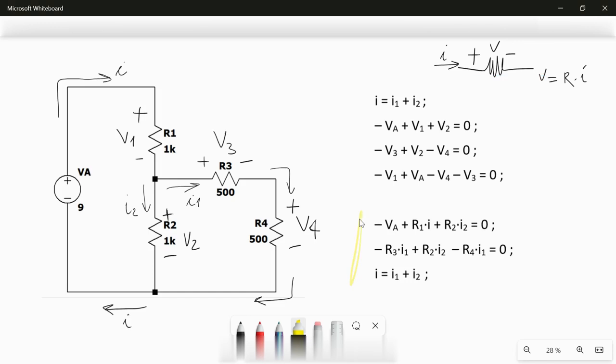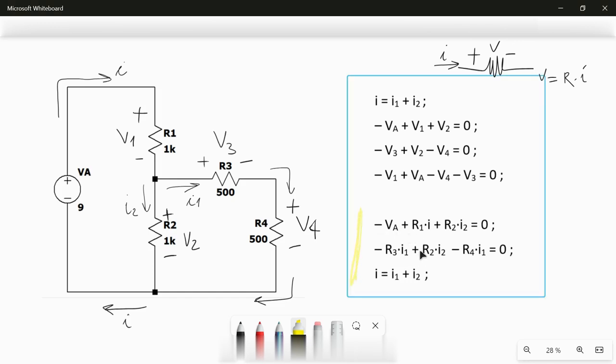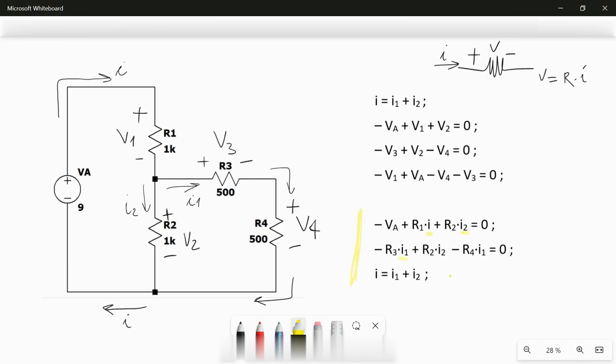In this system, I have three equations with three unknown variables, which are I, I2, and I1. With these three equations, I can find all the currents. And from the currents and Ohm's law, I will be able to find also all the voltage drops in the circuit.